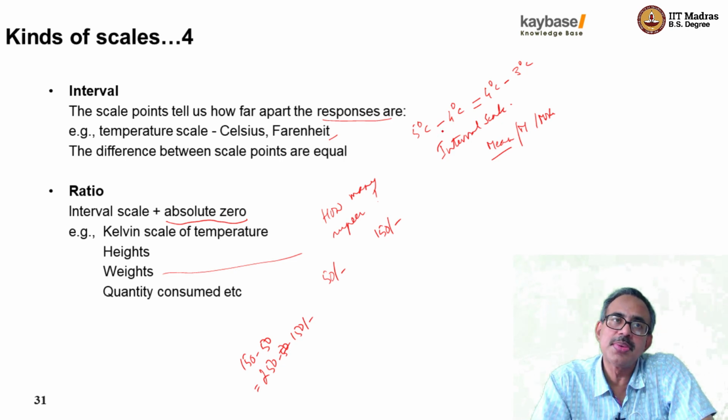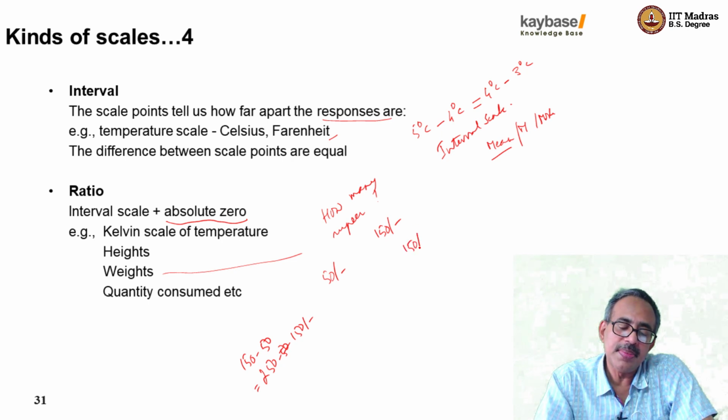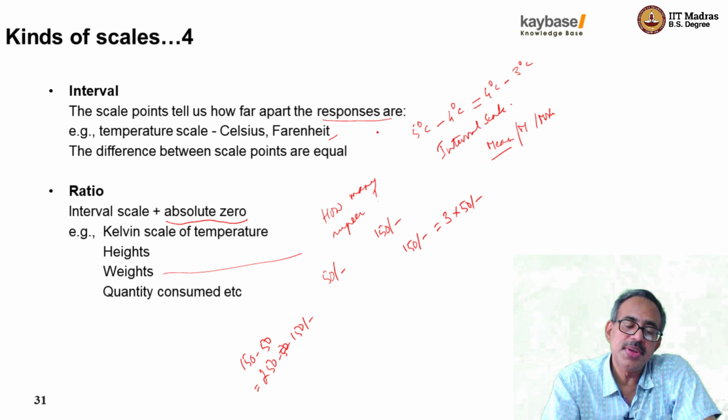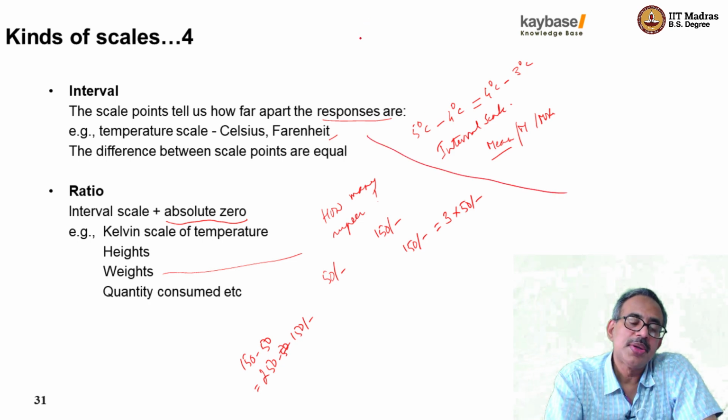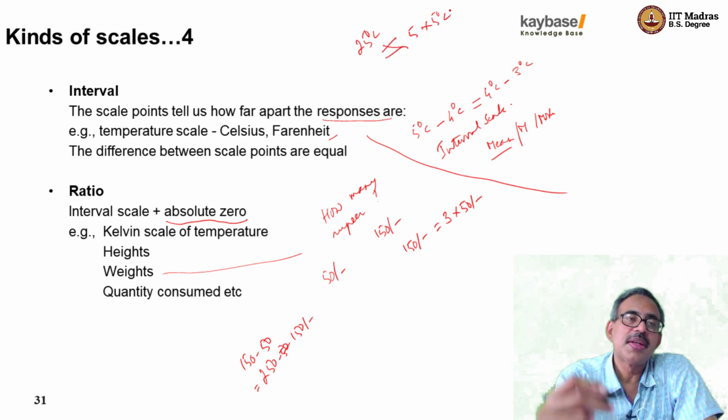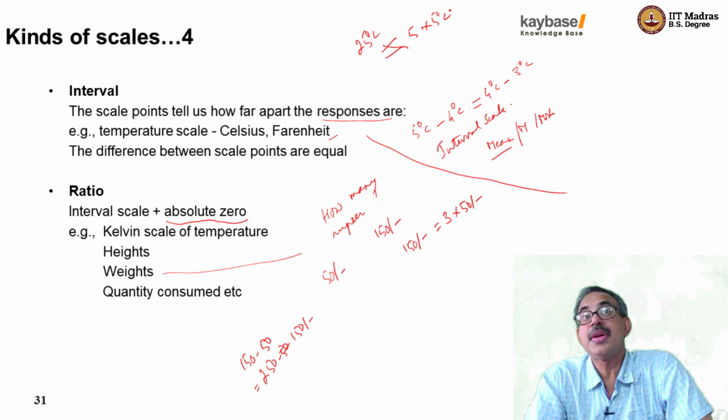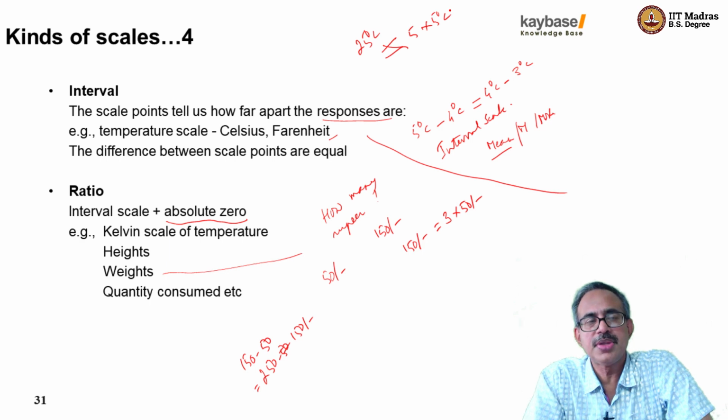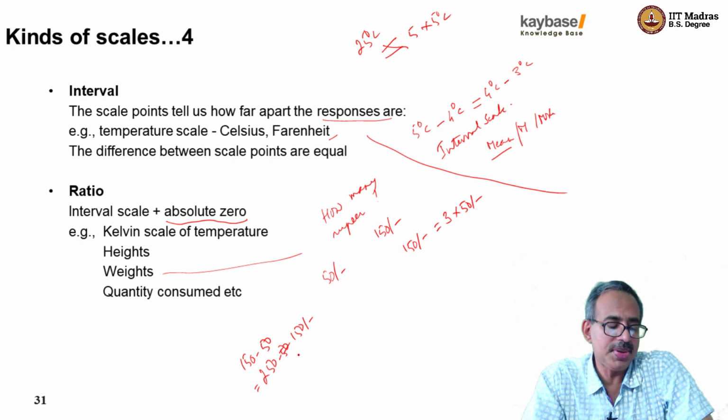So the same principle holds good here as well. Plus 150 equal to 3 times of 50. But in this Celsius scale, 25 degrees Celsius is not equal to 5 times 5 degrees Celsius. It is not 5 times as hot. The scale is not a ratio scale. It is only an interval scale. Whereas this is a ratio scale. Right?